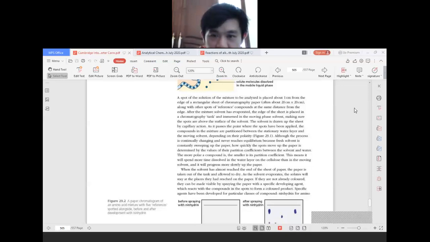As it passes the point where the spots have been applied, the starting line has to be above the level of the solvent. When it is applied, the compounds in the mixture are partitioned between the stationary water layer and the moving solvent, depending on their quality.